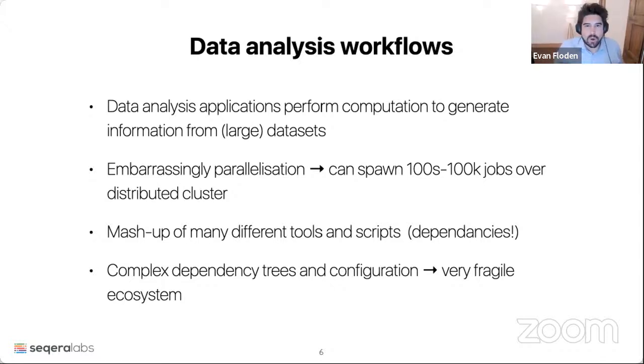It means that we run a particular process, a particular step, as many times as I have samples, or maybe I split my chromosomes up into regions and run each of those regions through the pipeline in a parallelized way. This means that you can end up with tens of thousands of jobs, and each one of those jobs typically has to be run on some sort of distributed infrastructure itself.